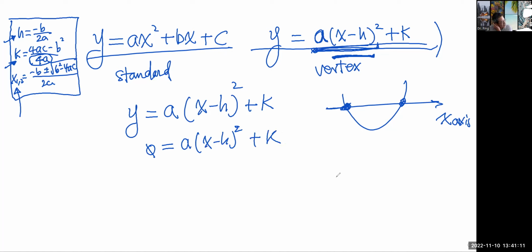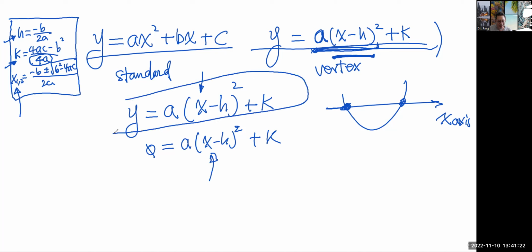Now here people could get confused because this x is different from that x. As a function, x can be anything from negative infinity to positive infinity, which is what we call its domain. But this one is saying there's an x-intercept, so x1 and x2.